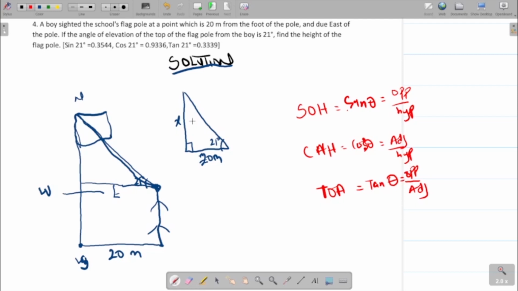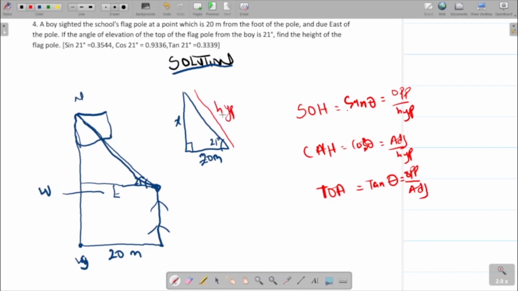In some of the videos you have to find both sides, this side and this side. But for this question, the first thing to understand is how the sides are named. This side, the longest side, is the hypotenuse.